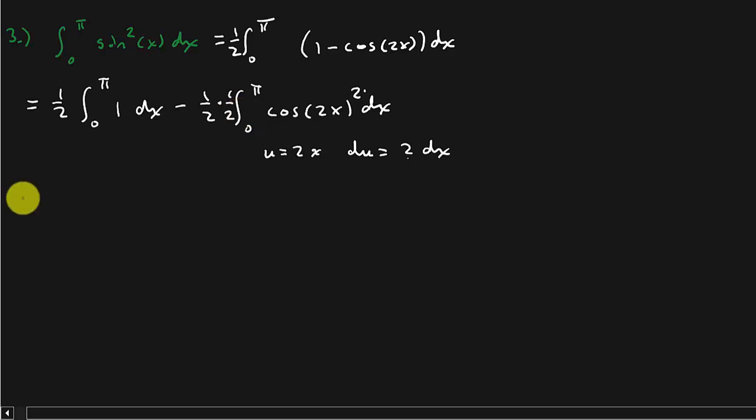And so this is going to be 1/2 integral from 0 to pi of 1 dx minus 1/4, and this is going to be what? Cosine u du. In the place of 2x, I put u. In the place of 2 dx, I put du.